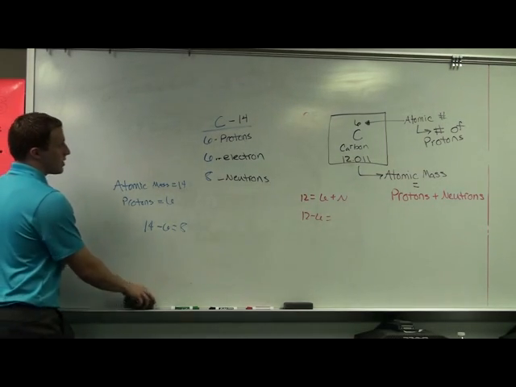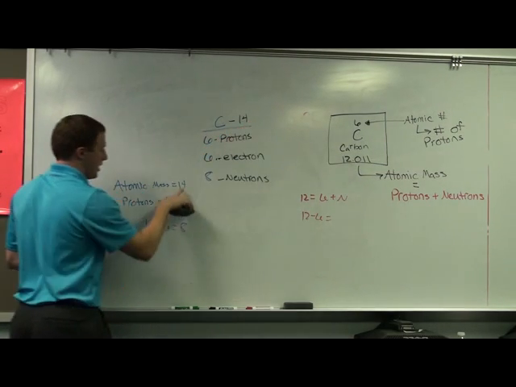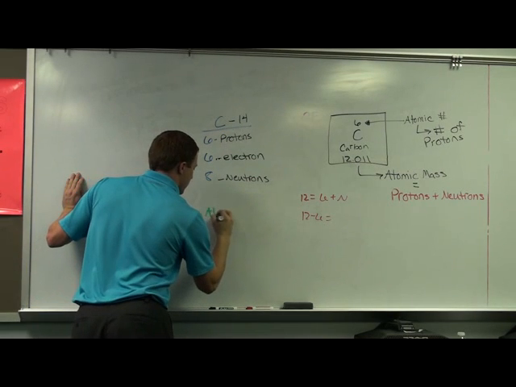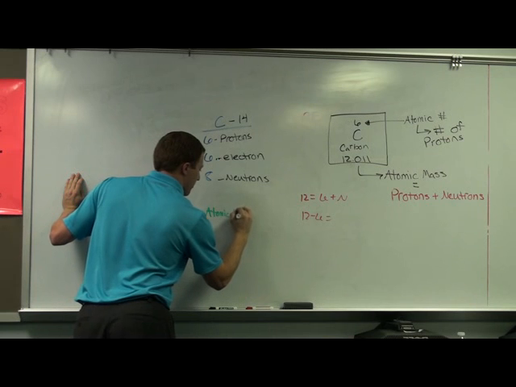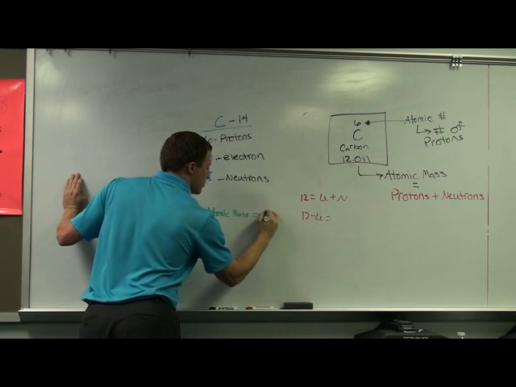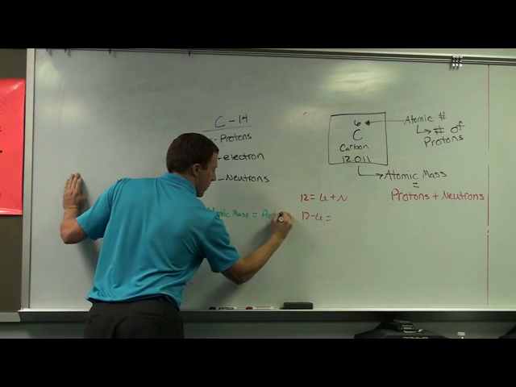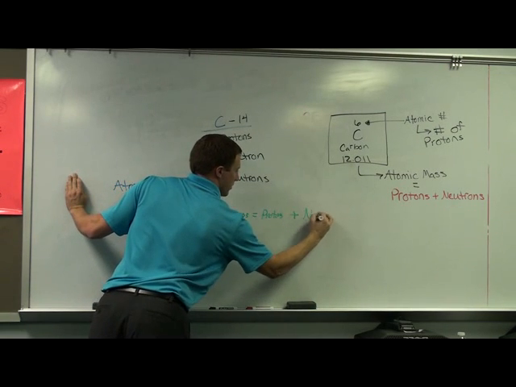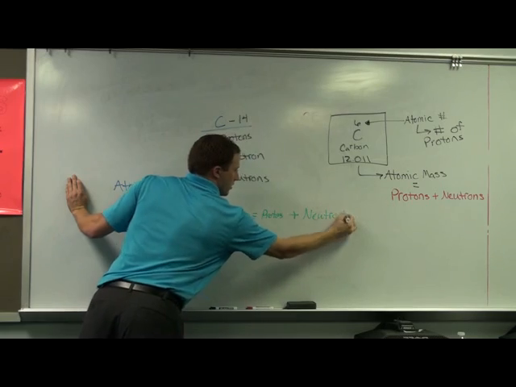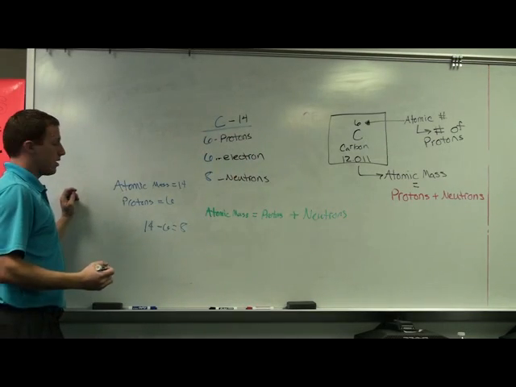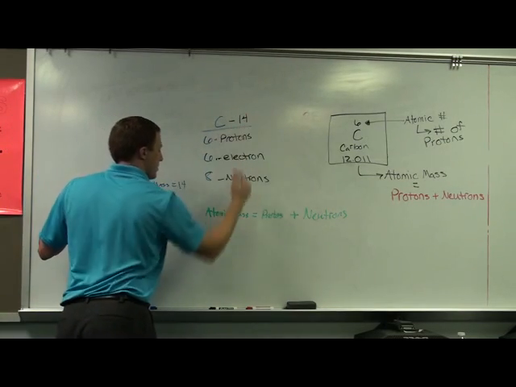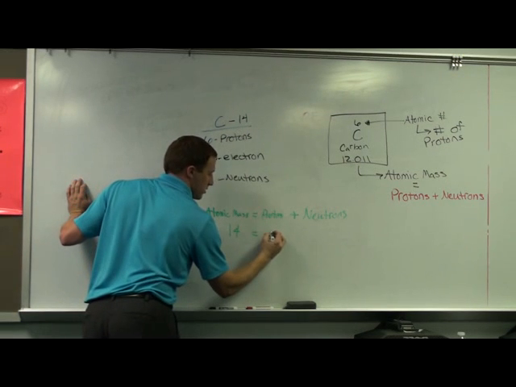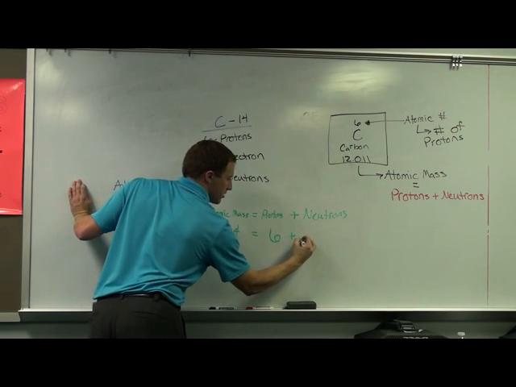Okay, so what's our new atomic mass? 14, right? And we know that our equation is atomic mass equals protons plus neutrons, right? Okay, what's our new atomic mass? 14 equals, what's our number of protons? 6 plus our neutrons.